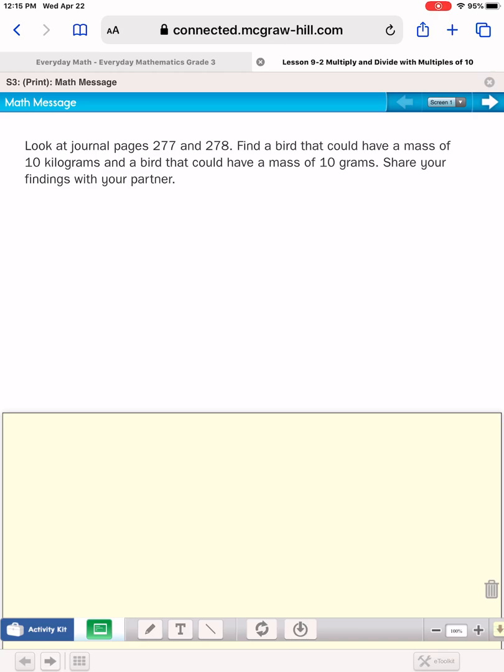And then find a bird that could have a mass of 10 grams. It says share your findings with a partner, but instead I'd like you to just go ahead and write on your page. What is a bird that could have a mass of 10 kilograms? And what is a bird that could have a mass of 10 grams?